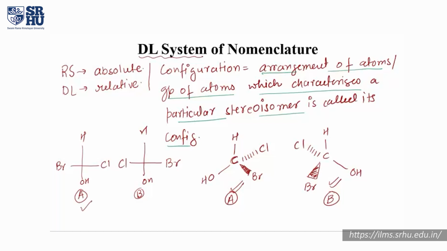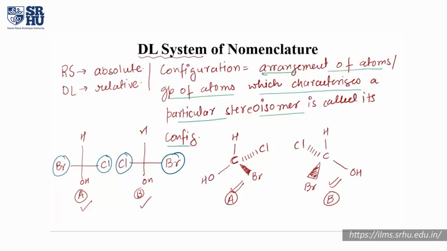The molecular formula and structural formula of these two are the same, but the arrangement of atoms is different. In the first molecule, bromine is on the left and Cl is on the right, but in the second isomer, chlorine is on the left and bromine is on the right. So these two isomers have different configurations, and we need to identify them and assign them a configuration.